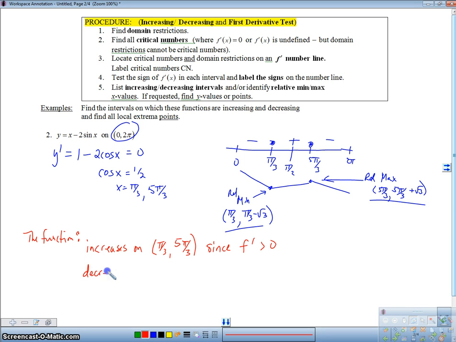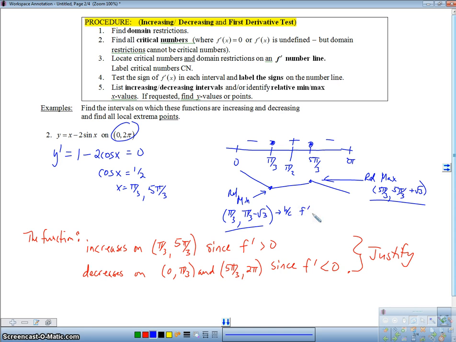And it decreases on the interval from 0 to pi over 3 and 5 pi over 3 to 2 pi since f prime is less than 0. Don't forget to justify. All right? Now, one more thing we want to justify. Why is this a relative min?